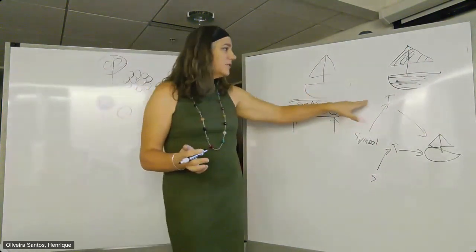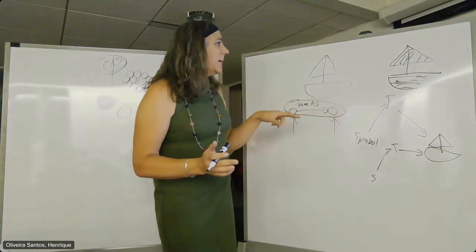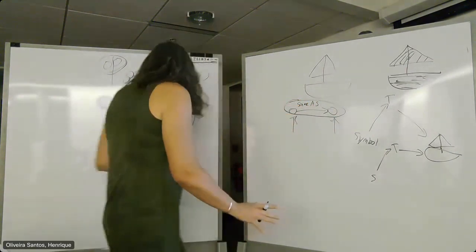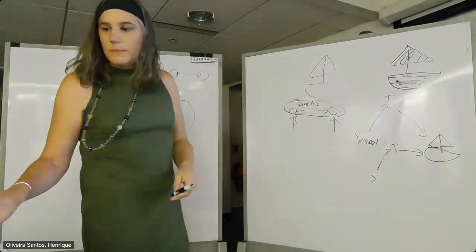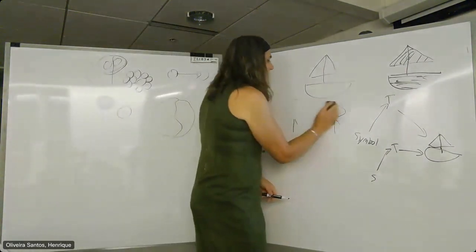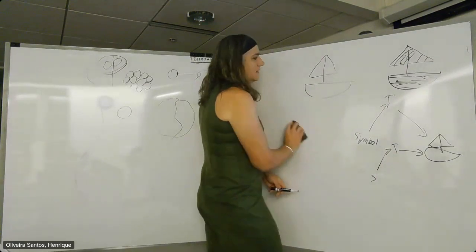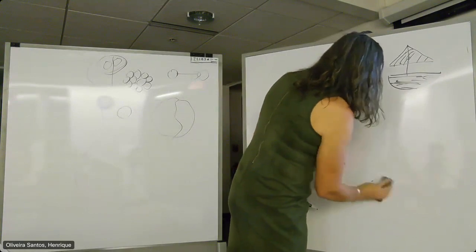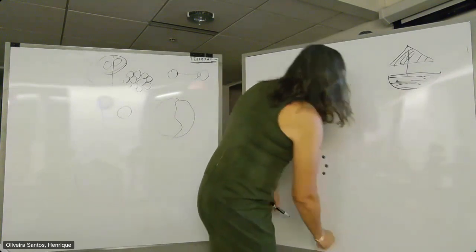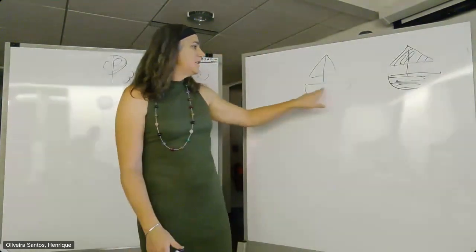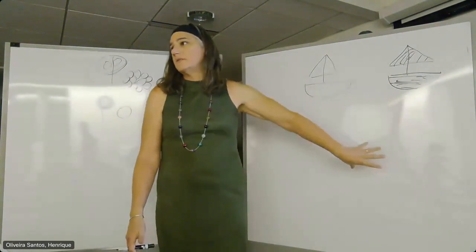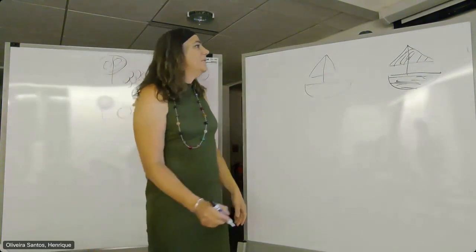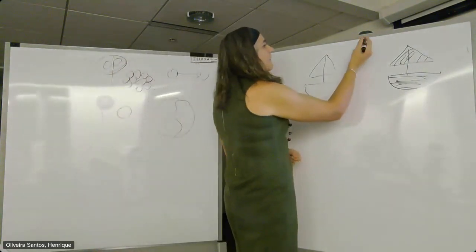But the thing is that there are some cases where we want to talk about the fact that this is the same thing. There are cases where we want to distinguish between them, and there are cases where we want to not distinguish between them.